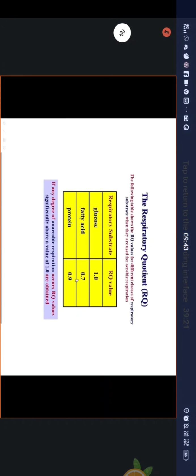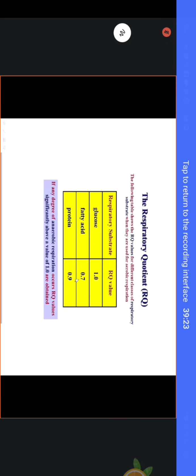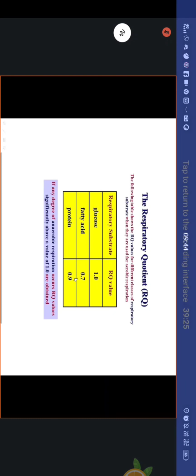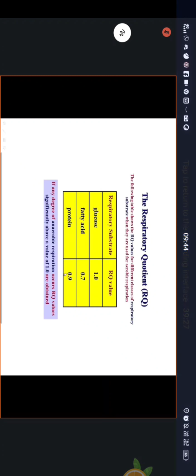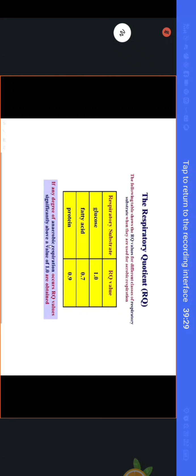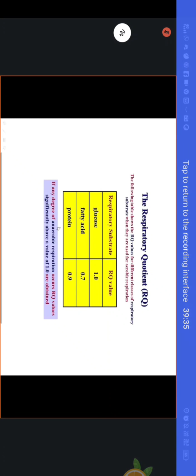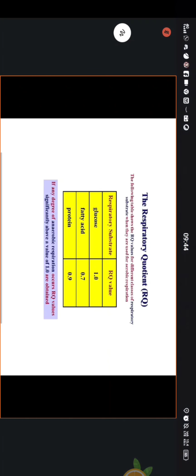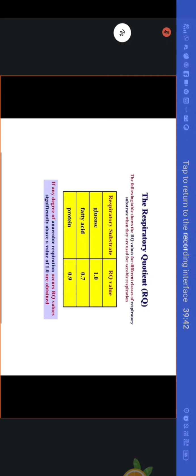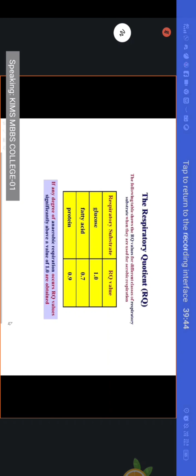That means oxygen consumed is more compared to carbon dioxide released. Whereas in anaerobic respiration, the value will be more than 1. That means in anaerobic respiration, oxygen will be less and carbon dioxide will be very high, so the value will obviously be more than 1.